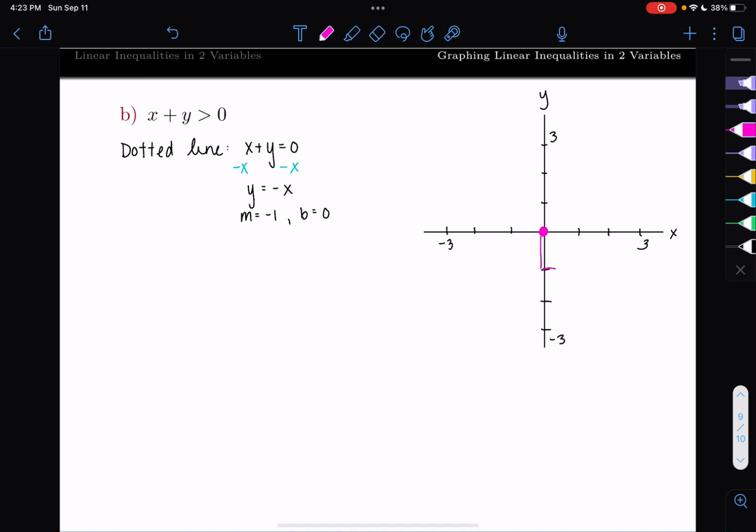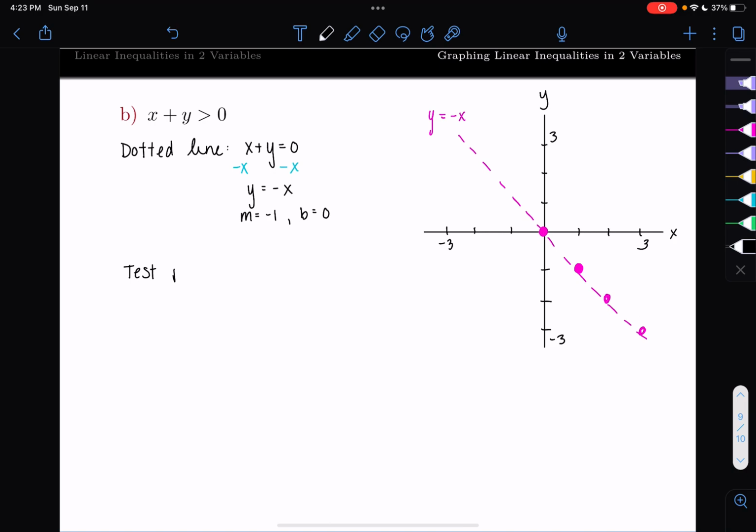So we go down 1 over 1, and another point on our line is here. You can keep going down 1 over 1, down 1 over 1 to get more points. Then we're going to connect this with a dotted line. So this is our graph of y equals negative x.